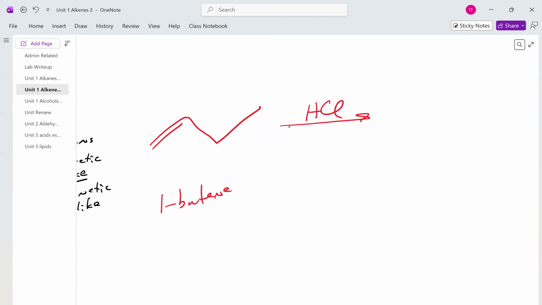And so the HCl is going to add here and here. So we're going to get like that.